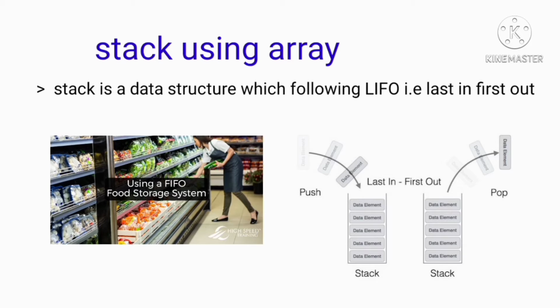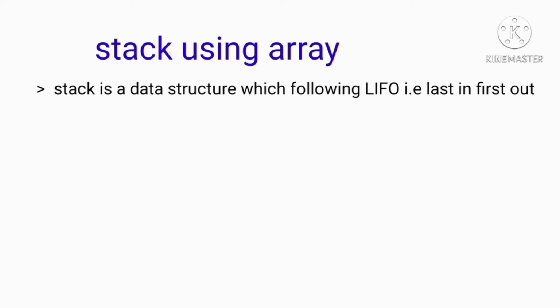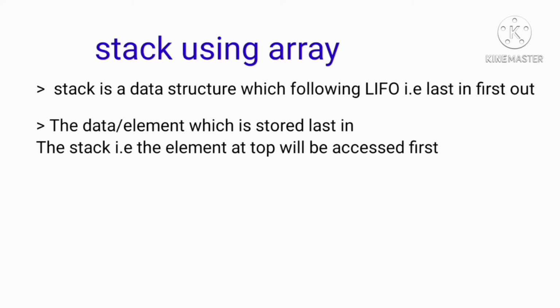Now I want to remove an element. So what I am doing here is removing the top element. That is last in first out. Okay. Come to the next point. The data element which is stored last in the stack, that is the element at the top, will be accessed first.